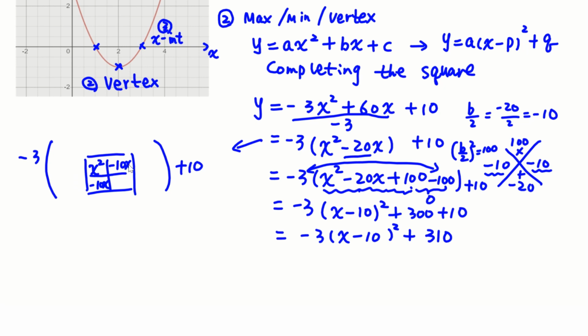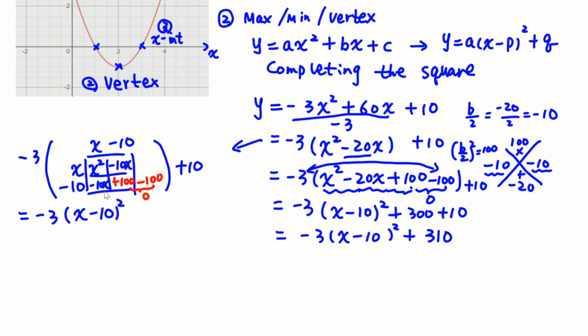Then we factor the first row, you have x, and do the division, you have x minus 10, then negative 10x divided by x gives you negative 10. In order to make a perfect square, we need to add 100 here. Then we also need to take away 100, so we have 0 here. By doing this, we have negative 3 bracket x minus 10 times x minus 10, which gives you x minus 10 squared.